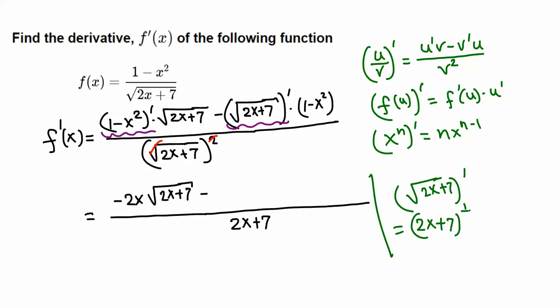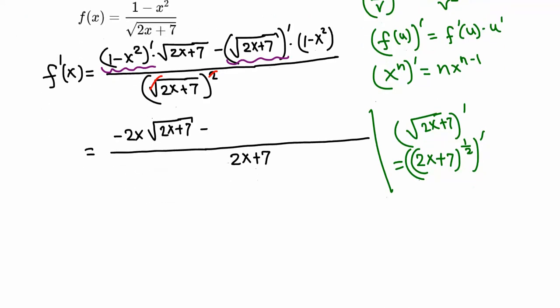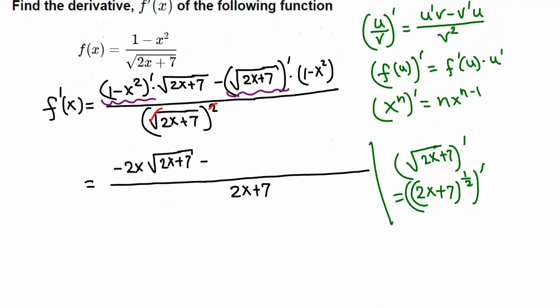Root means raised to 1/2, and prime means we need to take the derivative. So we have something raised to 1/2, which is more than just x. This is a composition of two functions, so we need to use the chain rule.